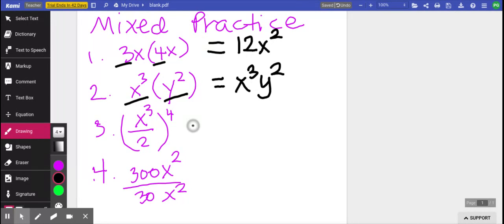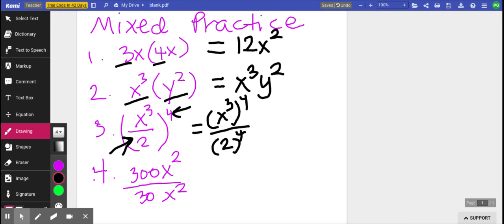Number 3, we are starting with a fraction or quotient, and it's being raised to the 4th power. So that means we're going to take x cubed to the 4th divided by 2 to the 4th. So that would be x to the 12th divided by 16.